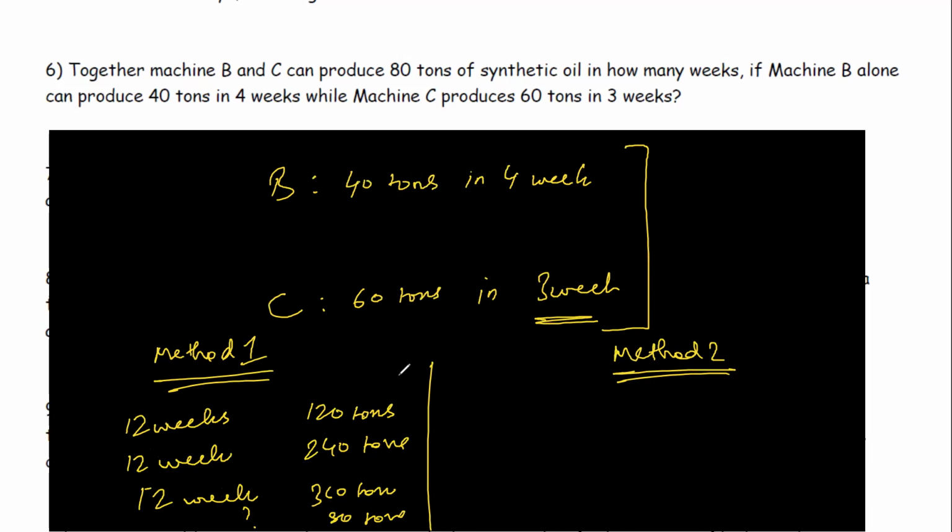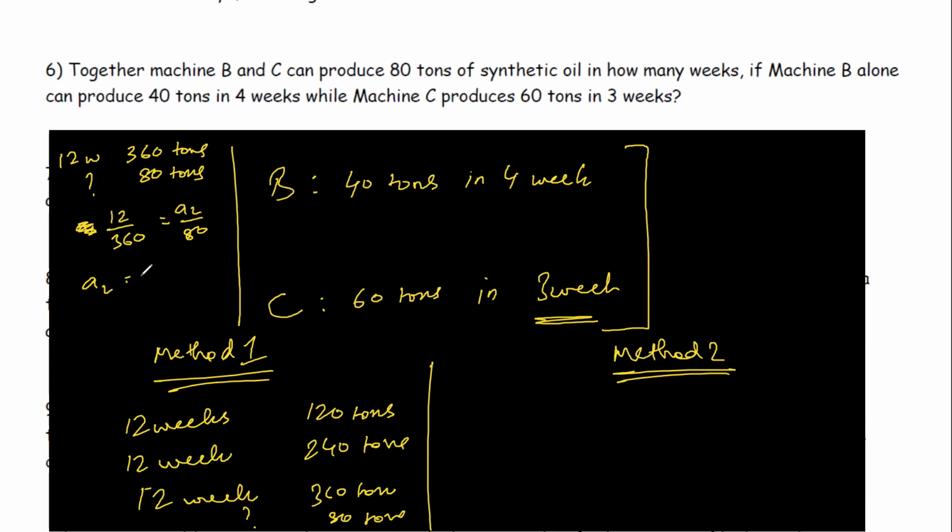Sorry for my handwriting. So I'll just continue the expression out here. 12 weeks, 360 tons together. So 80 tons, how much time together? So A1 upon B1, right? I'm just saying it's directly related. So I'm just going to do 12 upon 360 is equal to A2 upon 80, right?